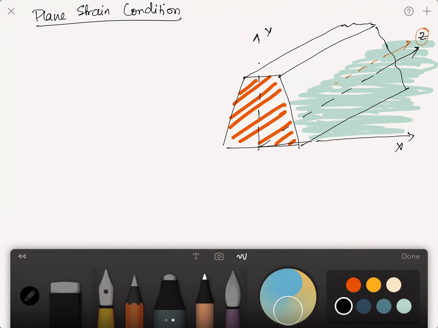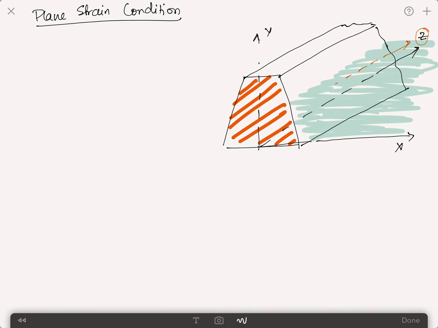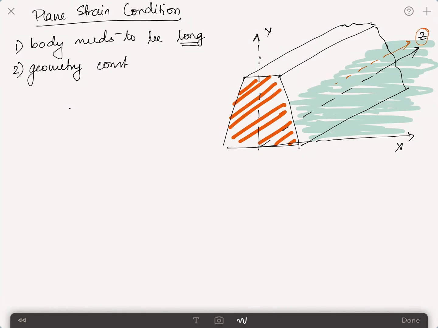So considering these three different conditions, we can classify this as a plane strain problem, because for a plane strain problem, a body needs to be long, and by long I mean quite long as compared to the other dimensions. And that's true for the case of this dam because it's quite long in the direction Z. The second one is that the geometry of the body is more or less constant in the length direction, which is also true in this case.